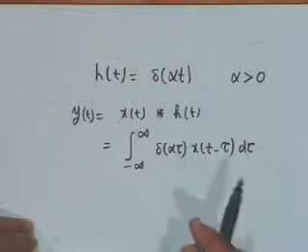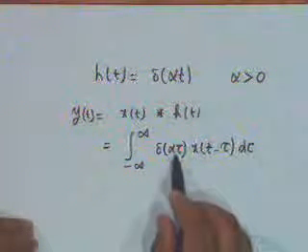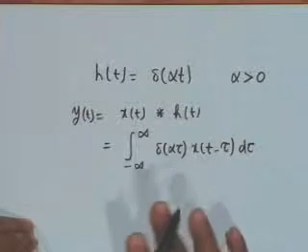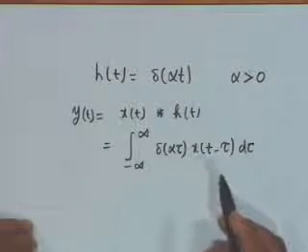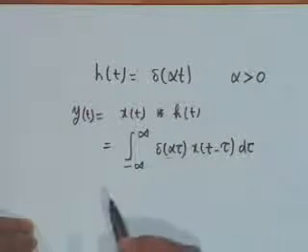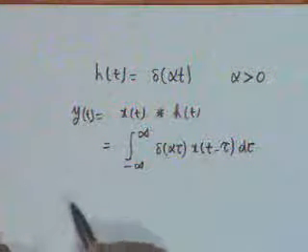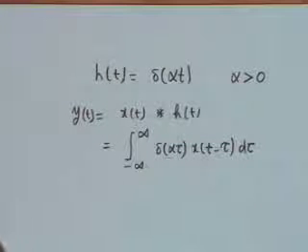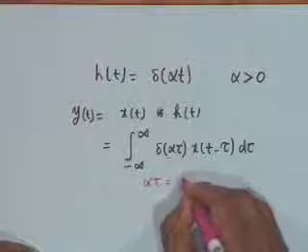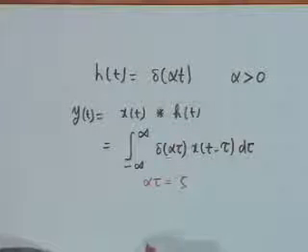Many of the people have shifted delta and have argued that delta(alpha tau) is the same as delta(tau), which is obviously wrong. And to emphasize that point, I have not shifted h(t), I have put this as delta(alpha tau). Now I make a transformation, that is, I make alpha tau equal to some constant, let's say zeta.